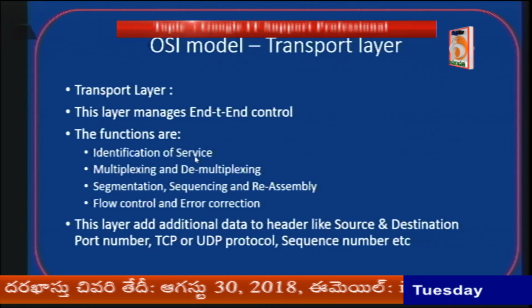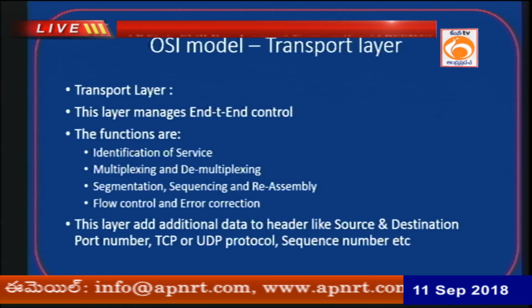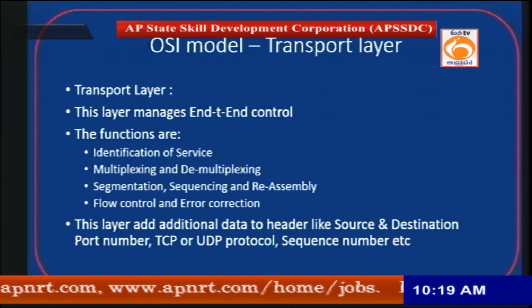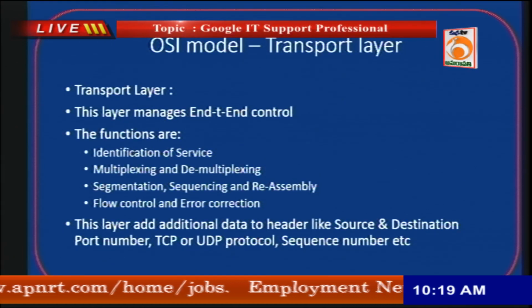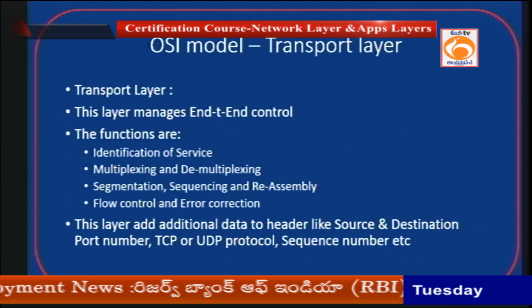The transport layer should be able to identify which service is being used. Are we using the web service? Are we using the email service? Are we using the DNS service? Are we using the DHCP service? Like this, there are so many different services available. These services need to be identified by the transport layer, and this identification of service is done by using port numbers. So let us look at what port numbers are.